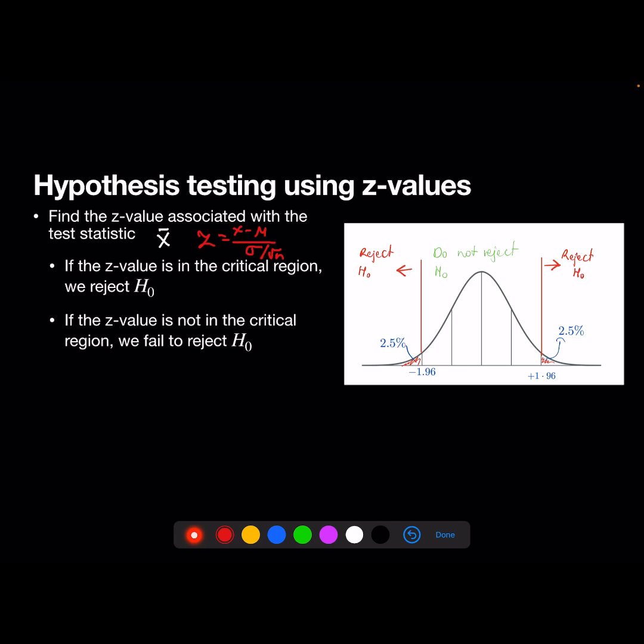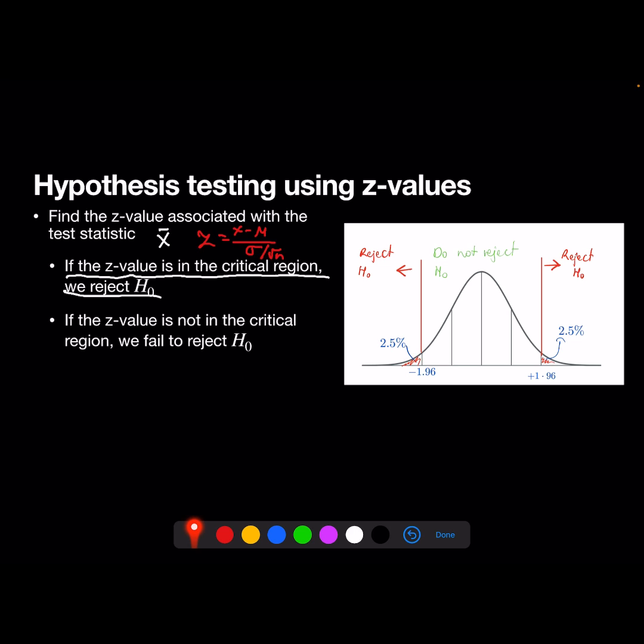So if we do that, we're going to get some test statistic, and if the z value is in the critical region, we're going to reject H0. What does that mean? Well, it means that at 5% significance testing, the critical regions are located on both sides of our normal curve.